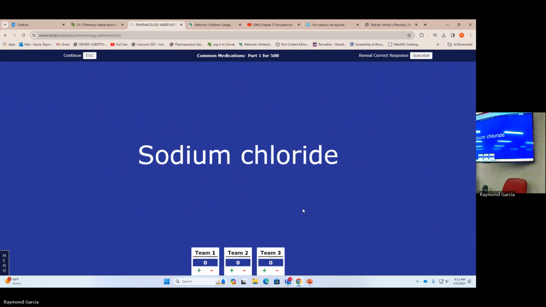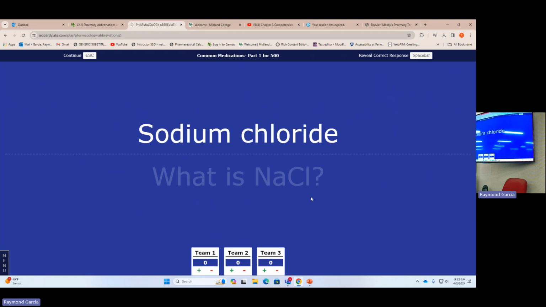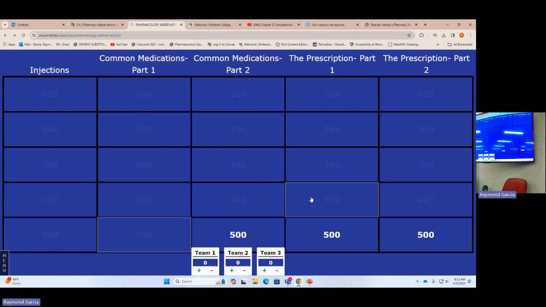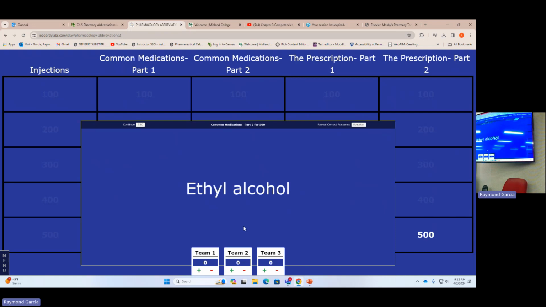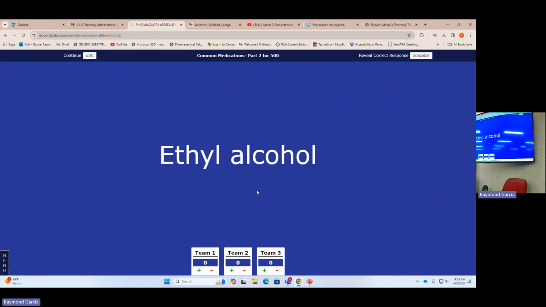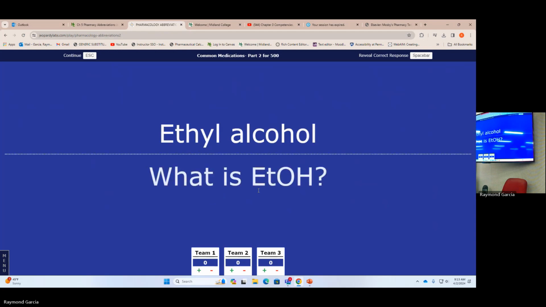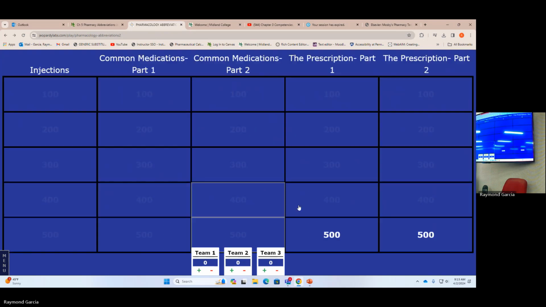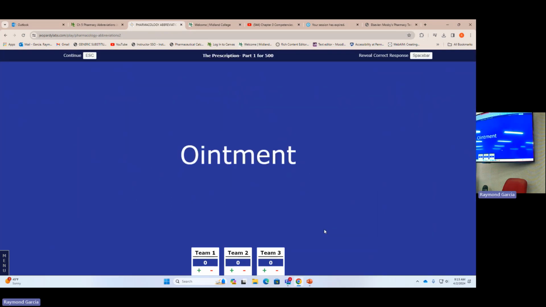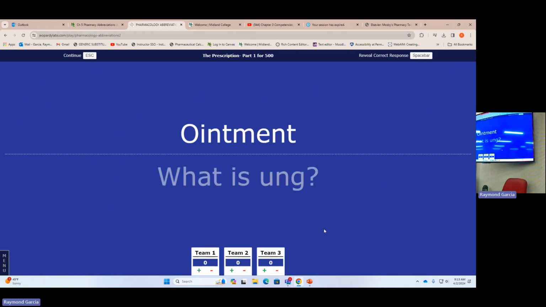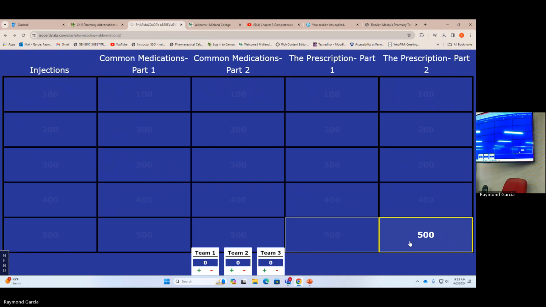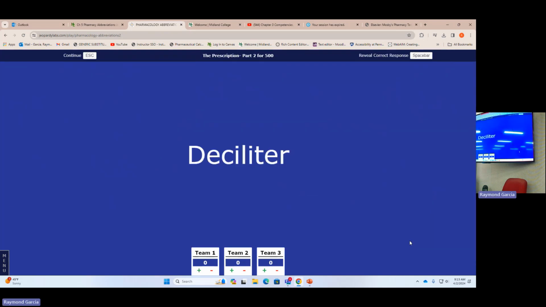NaCl. Ethyl alcohol. You won't see that on the test or anything. Ointment. Deciliter.